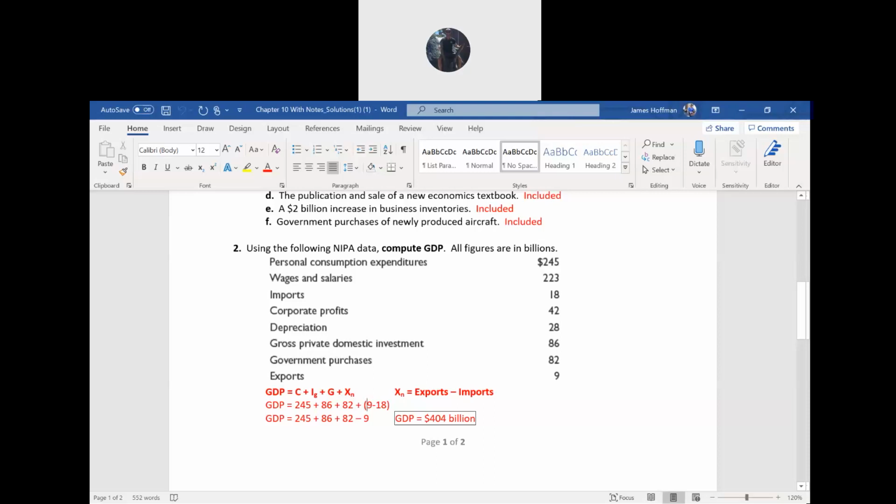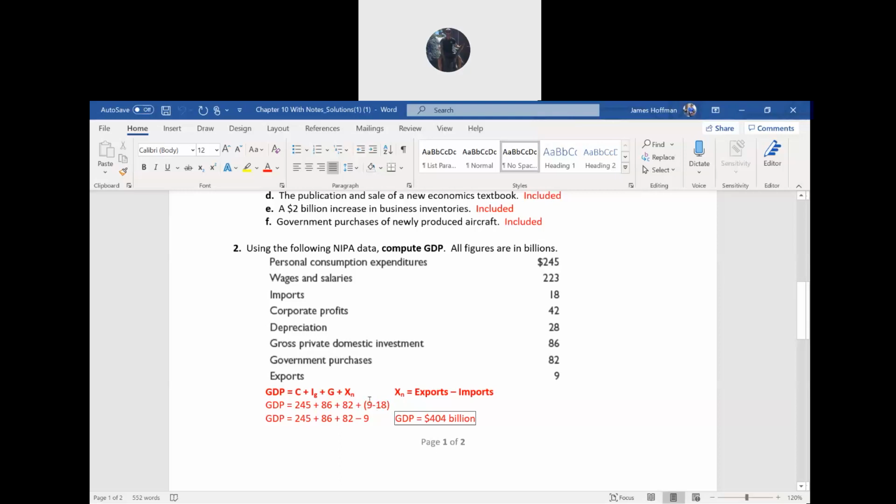Then we have the separate categories for exports and imports. XN is net exports, which is exports minus imports. So in parentheses, we have exports, which is 9 billion, minus imports, which is 18 billion. So this is exports, this is imports.